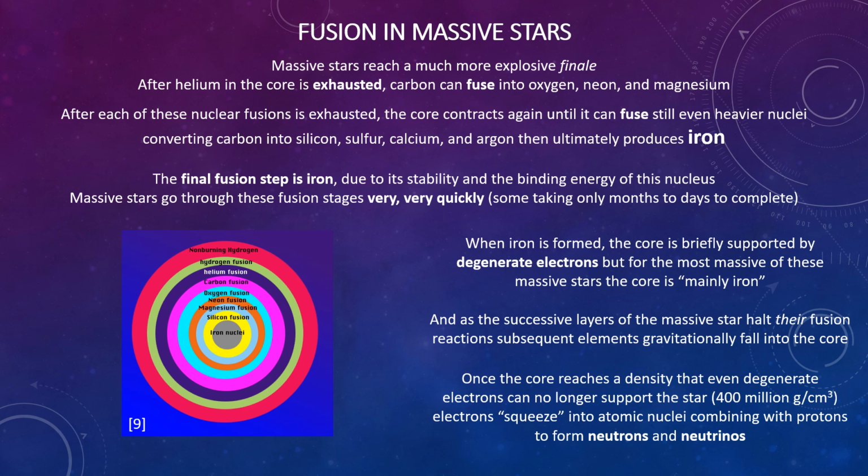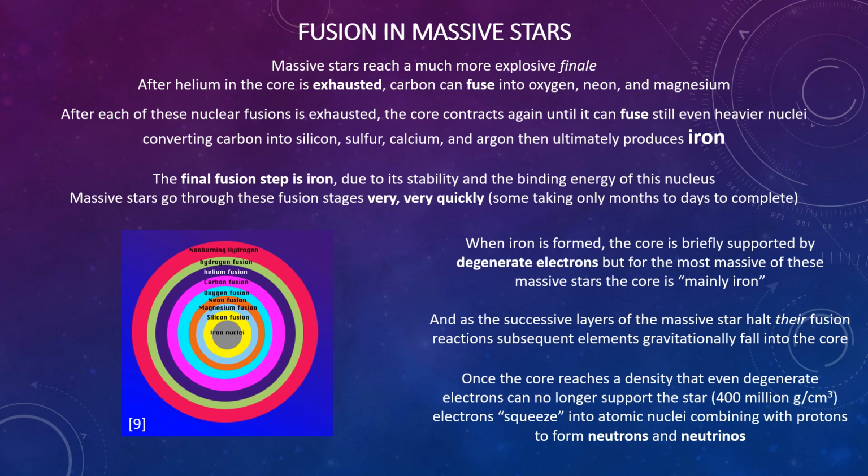After the helium in the core is exhausted, carbon can then be fused into oxygen, neon, and magnesium. And after each one of these fusion stages is done and the fuel of that stage is exhausted, the core contracts again until it can fuse even heavier nuclei. This goes all the way up the periodic table through silicon, sulfur, calcium, and argon, and ends at iron.